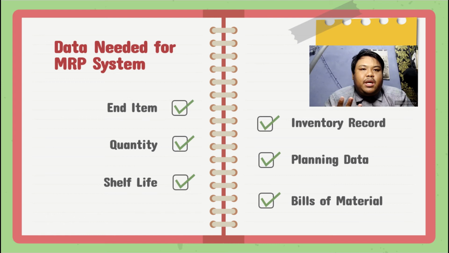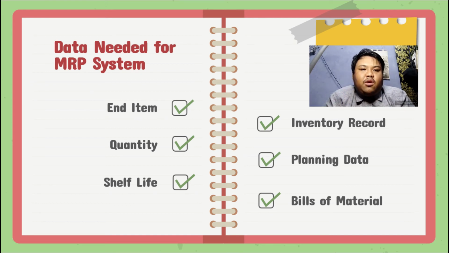The system requires the user to input the amount of quantity needed to meet specific demand schedules. Third, shelf life. It is the amount of time that a product is able to remain in the warehouse that is required for the planning aspect of an MRP system.